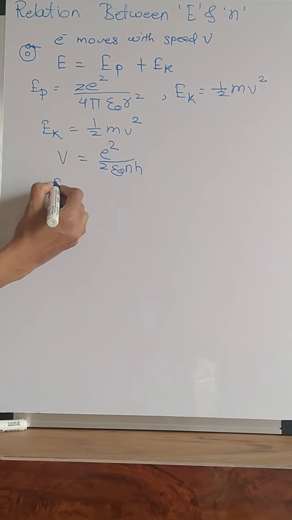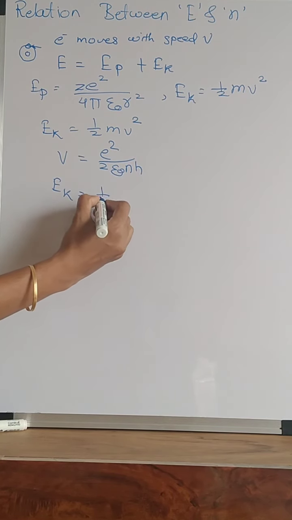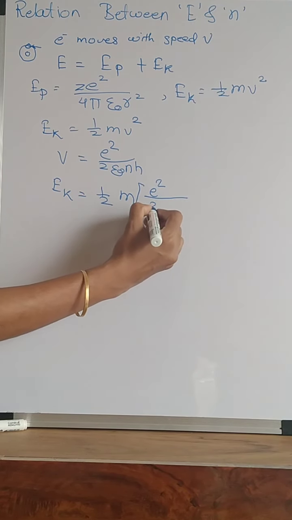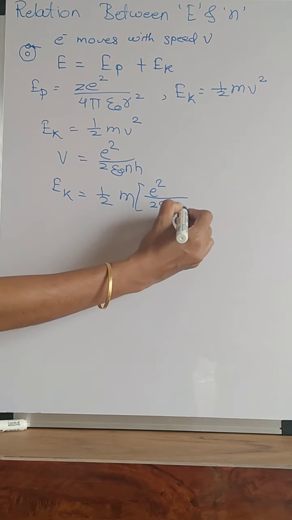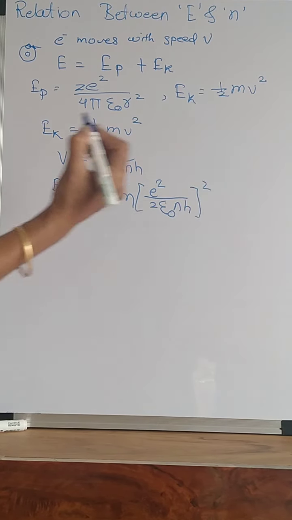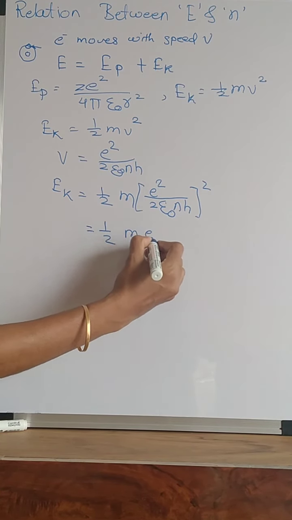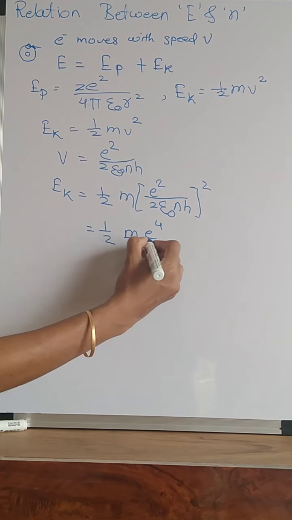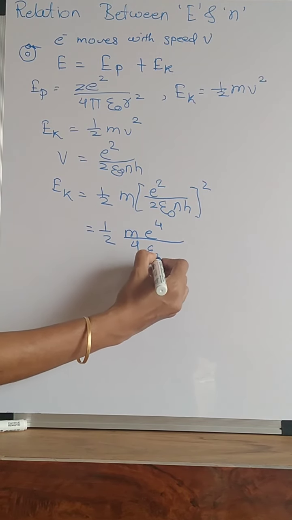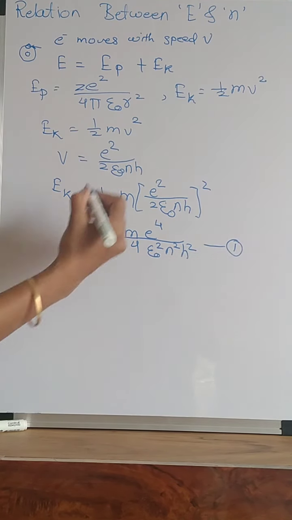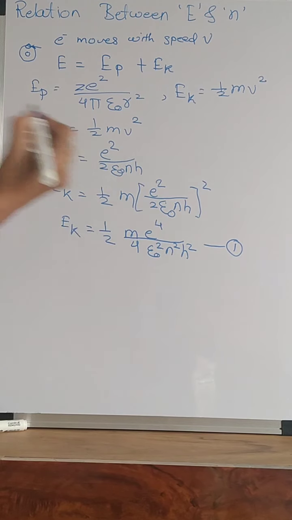So Ek will become half m v square, that is e square upon 2 epsilon naught nh whole square. So the answer is half m e raised to 4 upon 4 epsilon naught square n square h square. Suppose this is equation 1. Equation 1 gives the value of kinetic energy when the electron is moving with the speed v.